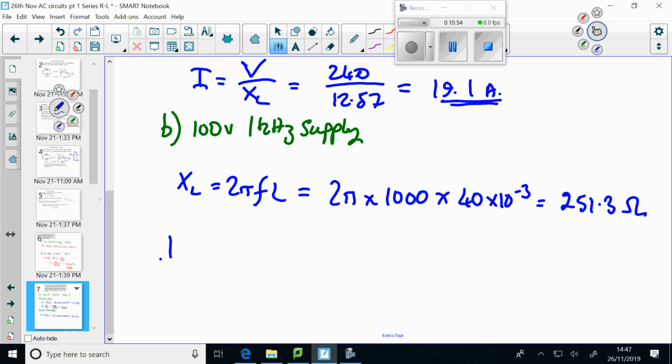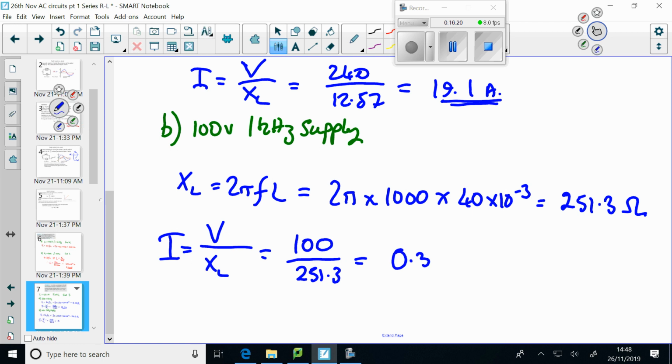Then we can calculate the current, again that's V over XL, 100 over 251.3, which is 0.398 amps. I've got that on my results here, so you're close enough.